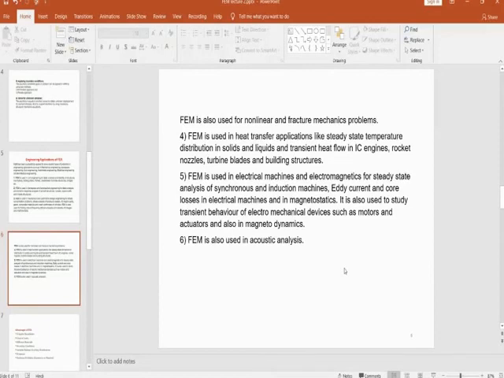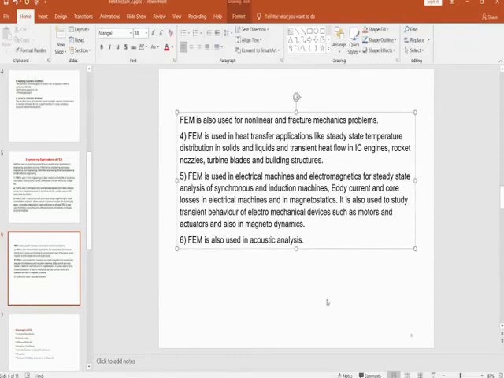Fracture mechanics is a different approach which is used when the crack gets initiated in a component. Once the crack gets initiated, the component behavior totally changes, and those conventional equations which we have derived in strength of material, theory of elasticity or design cannot be used. That theory is called fracture mechanics theory, and the problems are called fracture mechanics problems.